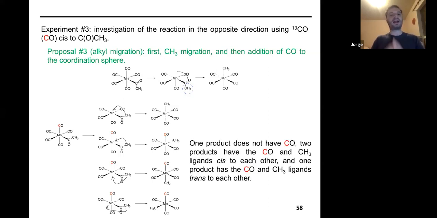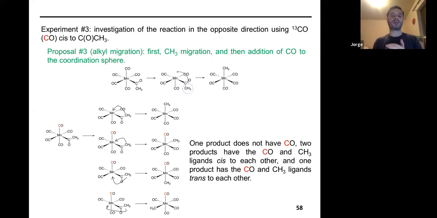Okay, now we have a difference between proposal number 2 and proposal number 3. Proposal number 2 produced one product without CO-13, without labeled CO, and 3 cis products.